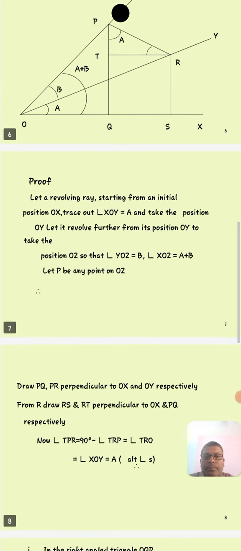Now, angle TPR is equal to 90 degrees. You observe this is a right angle triangle.